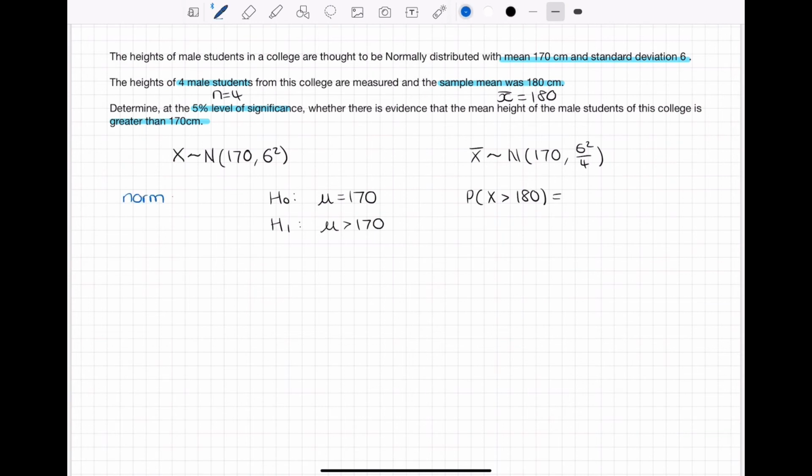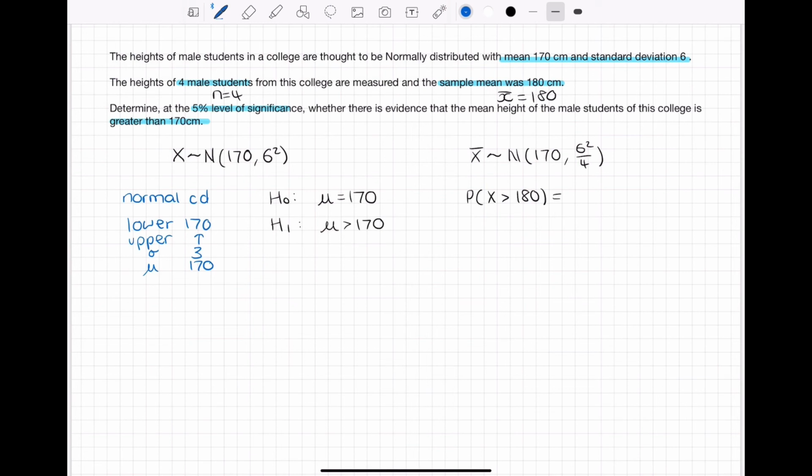For this, I'd go straight to your calculator, Normal CD again for the cumulative probabilities, and put in the lower, upper, mu and sigma. The lower value is 180. I say 180, I put it into the calculator and I write 170. You know what I mean. The upper value, put any number that represents infinity.